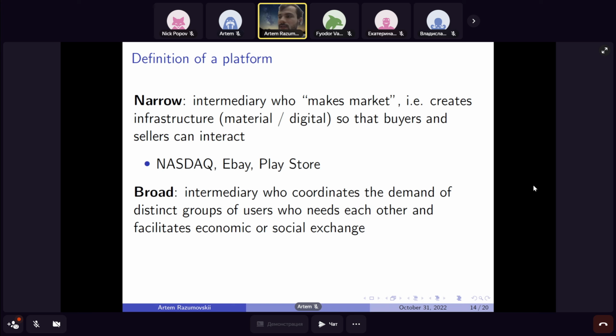But can you provide some other examples of platforms? Yes, a platform which is more suitable for the second definition, but not the first. If we are not talking about sellers and buyers, but about something else.